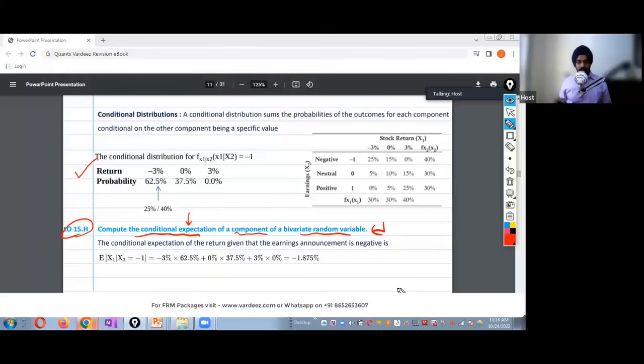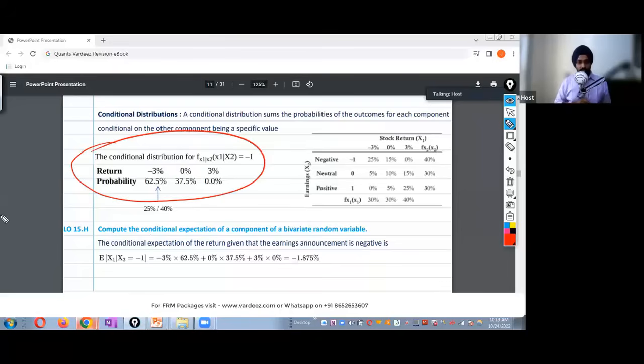What is expectation? Expectation is the weighted average, right? That's what we need to take with the conditional expectation. So first thing, if I want to find the conditional expectation, what do I need? I need to have a conditional distribution. So let's suppose we have already found this conditional distribution.